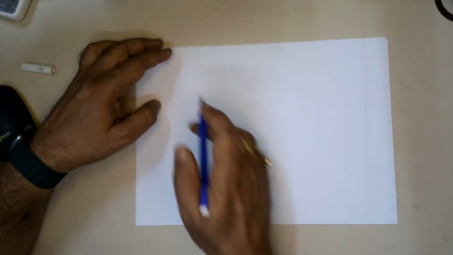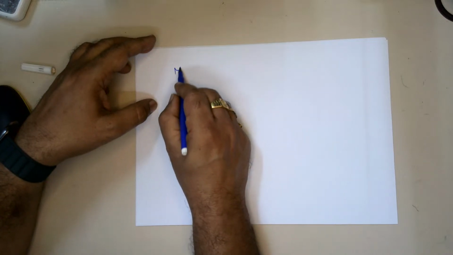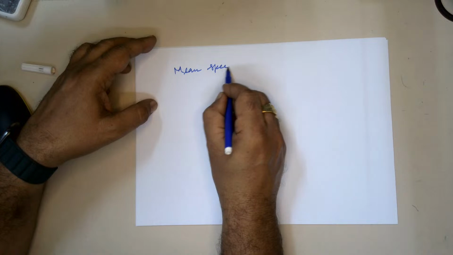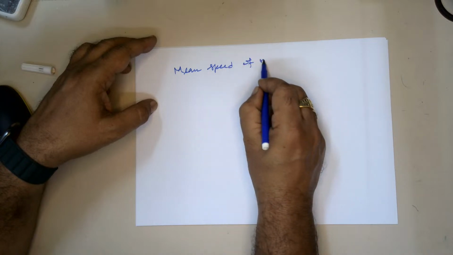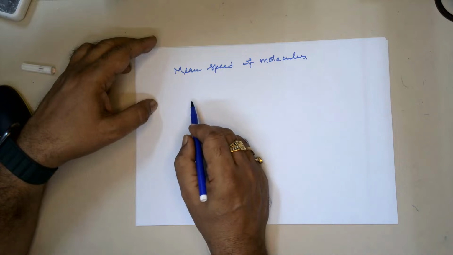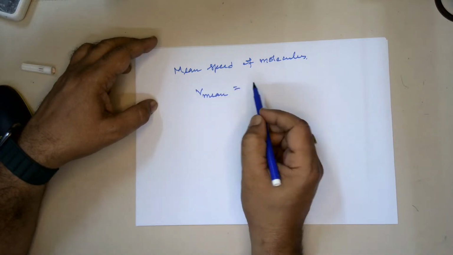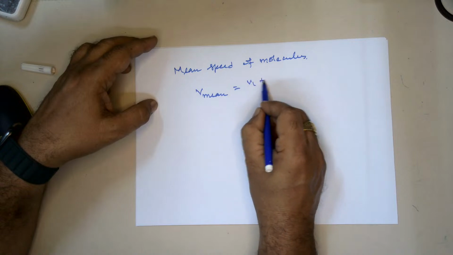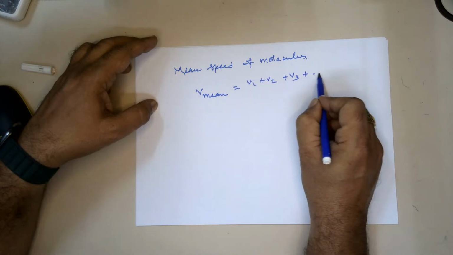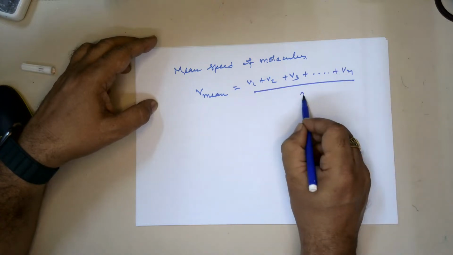Then, mean or average speed of molecules, or mean velocity of molecules. It is given by V mean is equal to V1 plus V2 and so on up to Vn, whole divided by n, because it consists of n number of molecules.